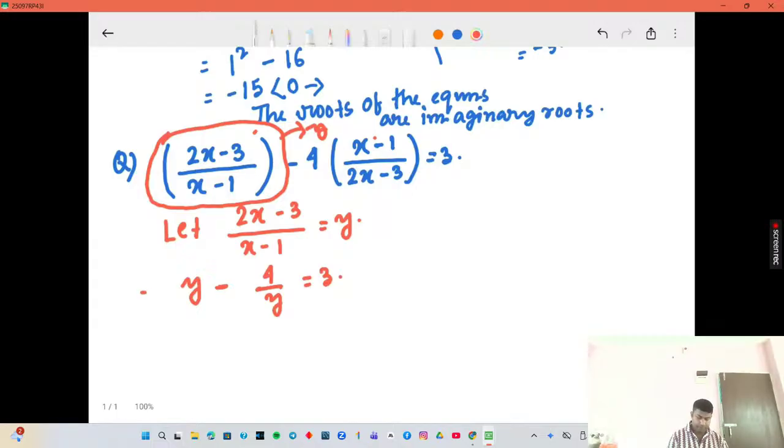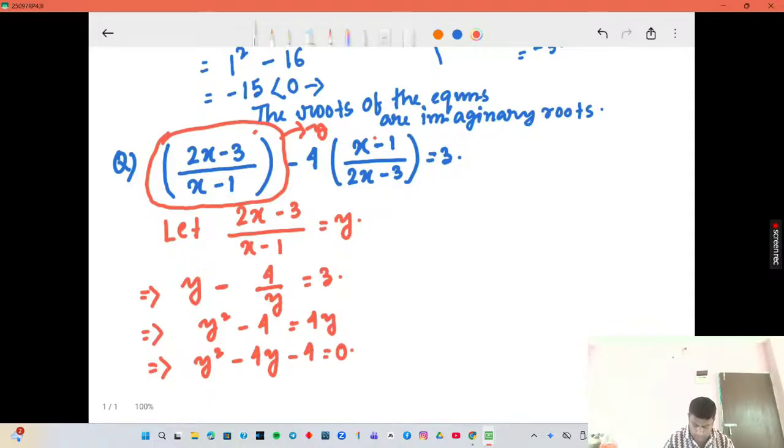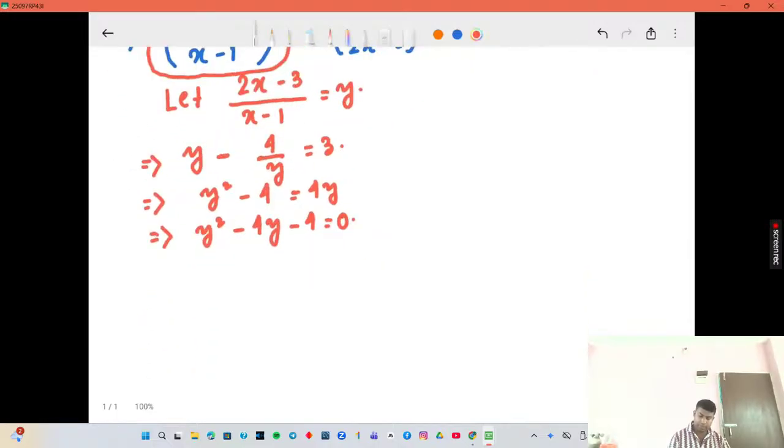So y square minus 4 is equal to 4y. So now y square minus 4y minus 4 is equal to 0. Now we have to solve to find the value of y. So now how to solve this one? We'll solve like this.